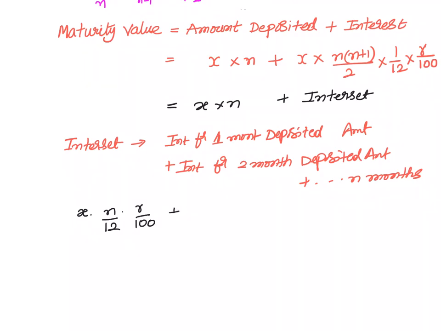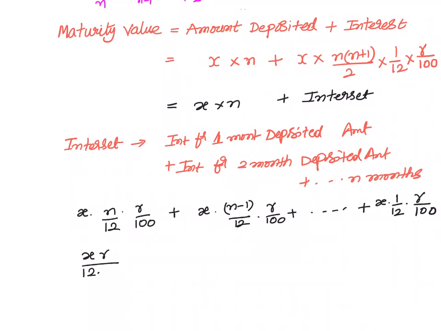Let's go to the interest for the second month. That will again be deposited amount X, but now it is only for n minus 1 months. So multiply that with R by 100. Like that, if we go, the last one will be X into, for 1 month only, 1 by 12 into R by 100. Now you can observe that I can take XR by 12 into 100 common in this.